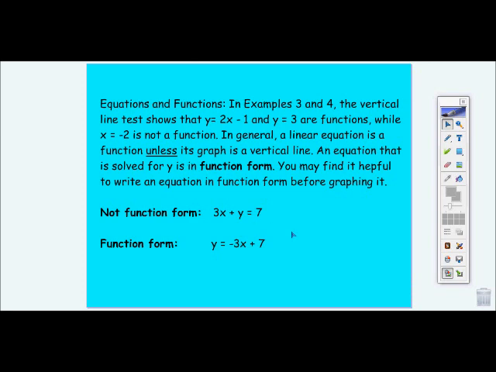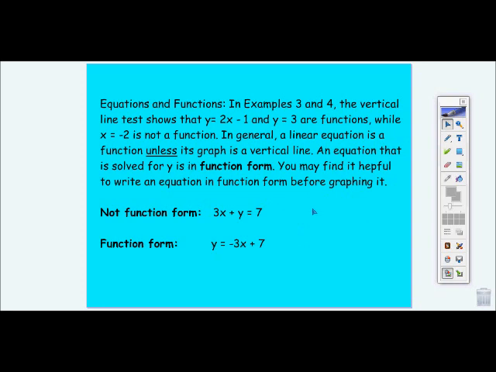Now, another new term, we're going to talk about functions that we talked about in 8.1, but in a little bit different way. So in examples 3 and 4, the vertical line test showed that y equals 2x minus 1. All right. What we're going to do now is graph that to see if it is a function, right?